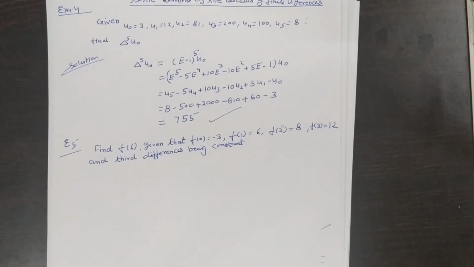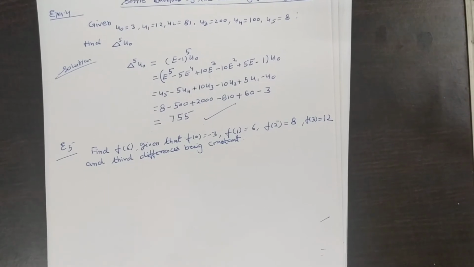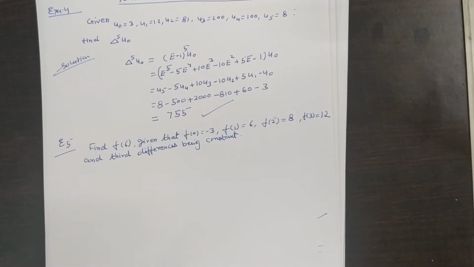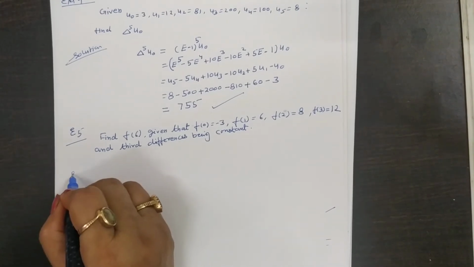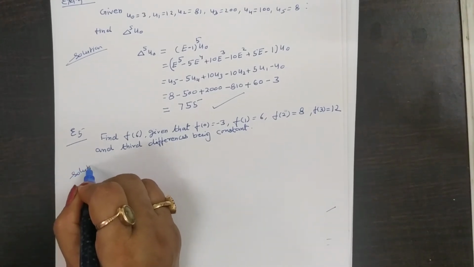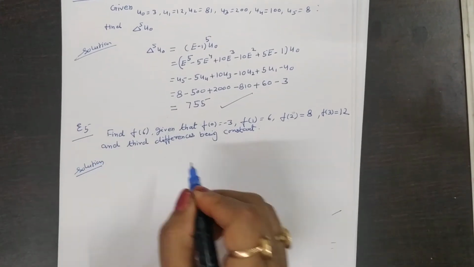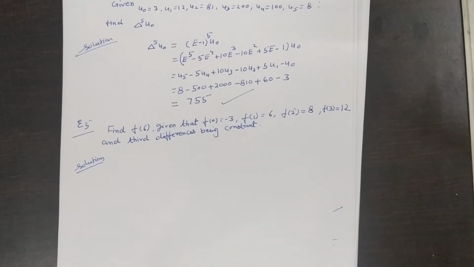You can find out f of 6. Now we construct the following difference table, which is very easy if you make up the table.